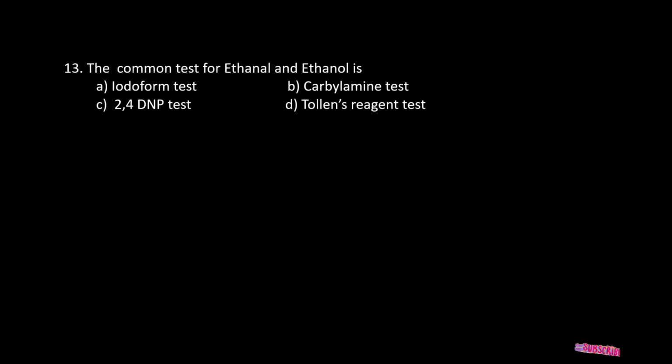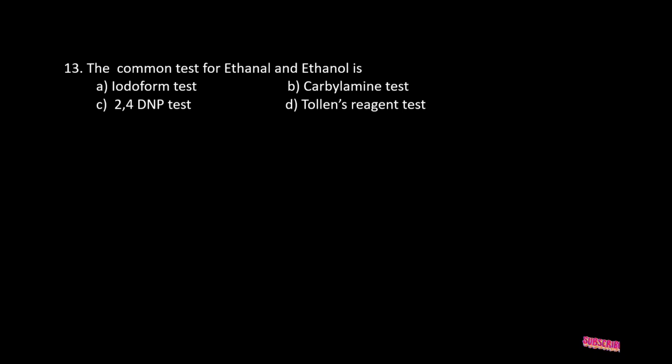So ethanol and ethanal both are not primary amines. The 2,4-DNP test is a common test for aldehydes and ketones, and here among these compounds ethanol is neither aldehyde nor ketone, so it will not answer the 2,4-DNP test, but ethanal will answer the 2,4-DNP test.